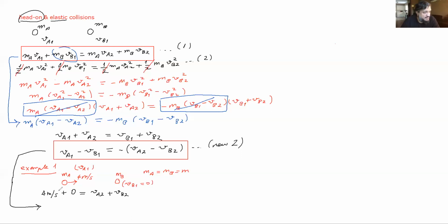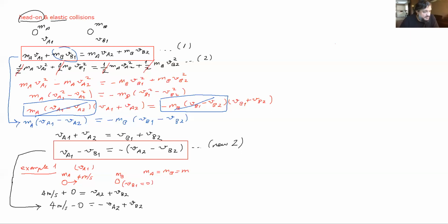Now use this one. VA1 was 4, VB1 was 0. On the right hand side, I have negative VA2, negative minus makes plus VB2.